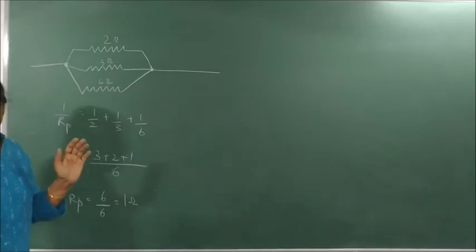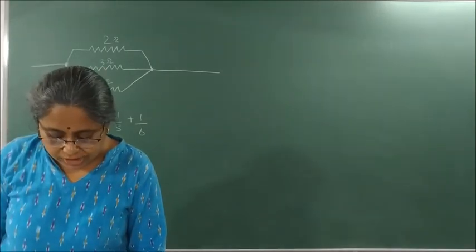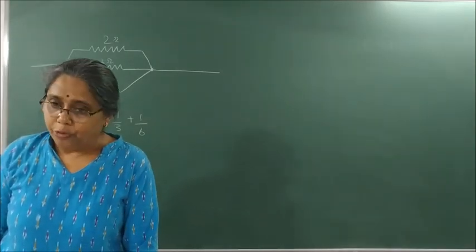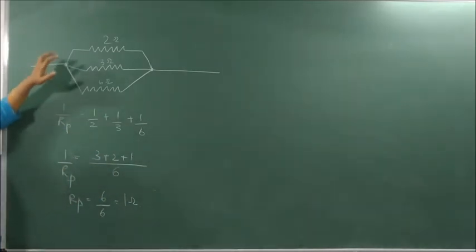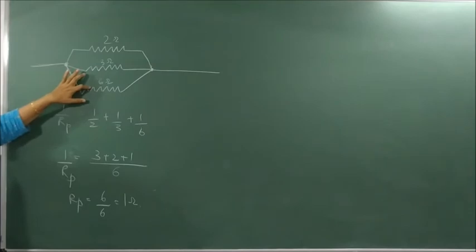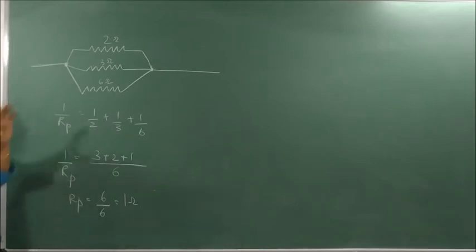Now the first part. You should get how much resistance? 4 ohms. Understand the logic. 2, 3 and 6 connected in series will become more than 6 ohms, but I have got 4 ohms. I have 3 resistors. One can be in series and the other 2 can be in parallel.